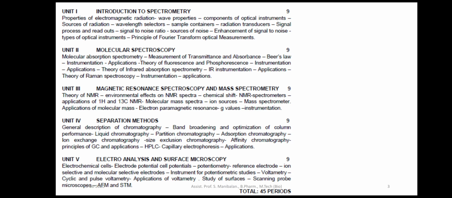This last unit mainly deals with the electrical properties of the sample and solution, right? So ionic properties will be measured, and it is used to find what kind of sample it is. Mostly here we use the potential of the sample or the conductance of the sample, right? The ability to conduct current is measured.